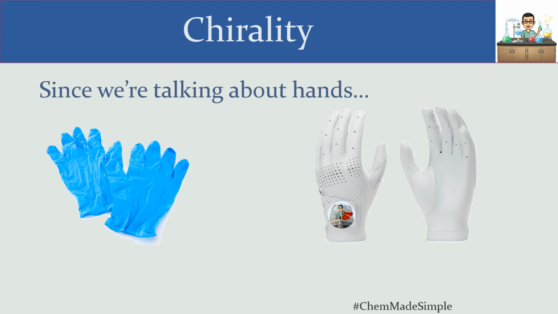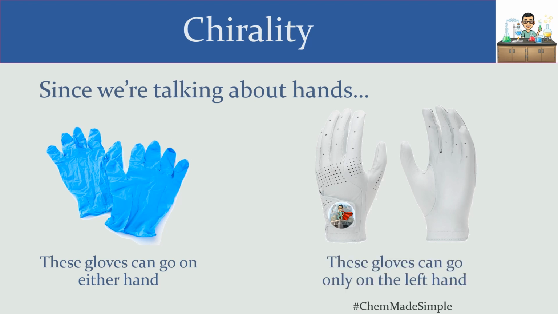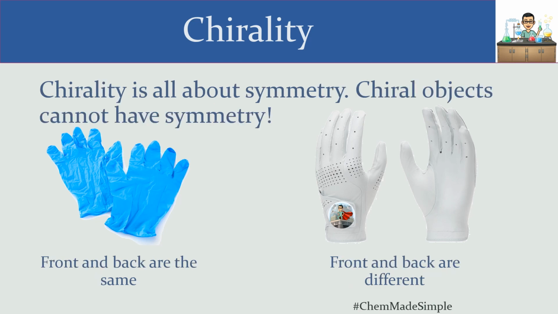What about this glove right here? Well, if you orient it in your head, that glove can also only fit on your left hand. Now, what makes the difference between these disposable gloves, the ones that can go on either hand, and the gloves that can only go on a specific hand is that with the disposable gloves, the front and back are exactly the same.